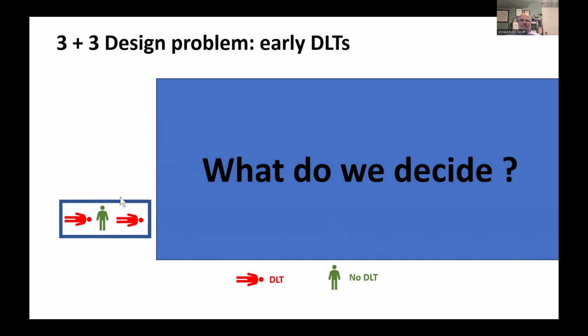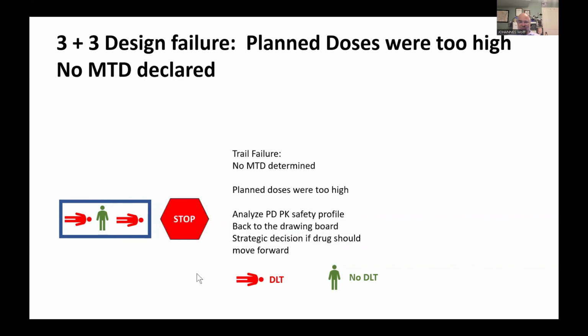Oh, that third patient also has a DLT. Now we have, among 3 patients, 2 patients with DLT. What do we decide? Correct. The 3+3 design stops the trial. This dose is not tolerated. You cannot go higher.